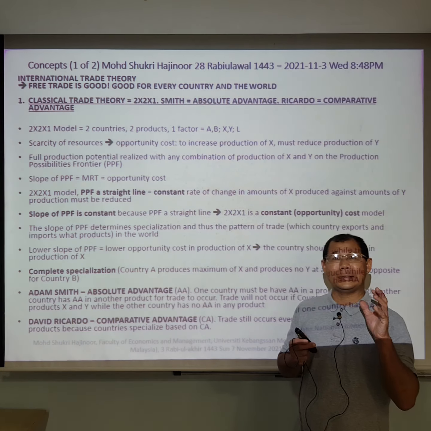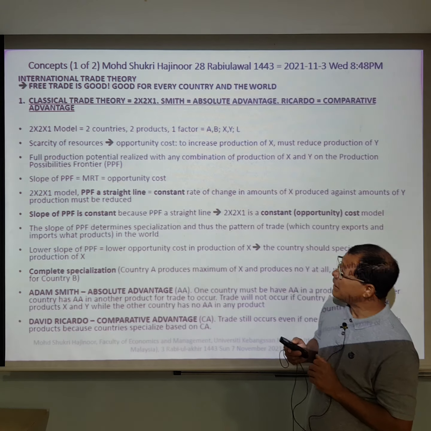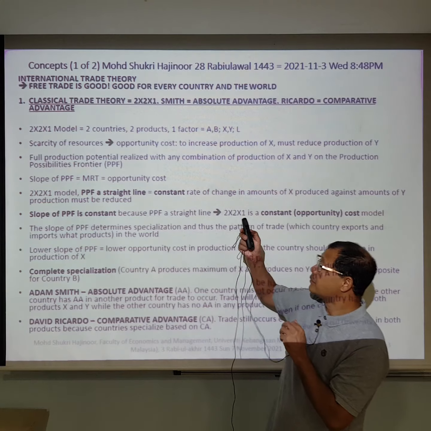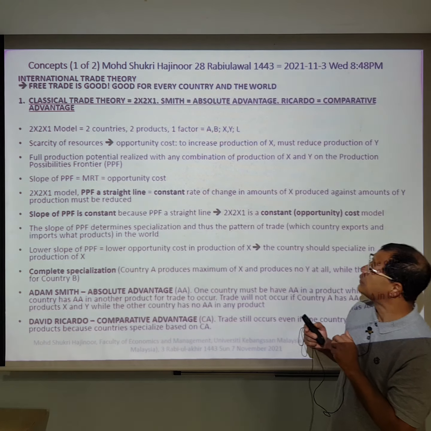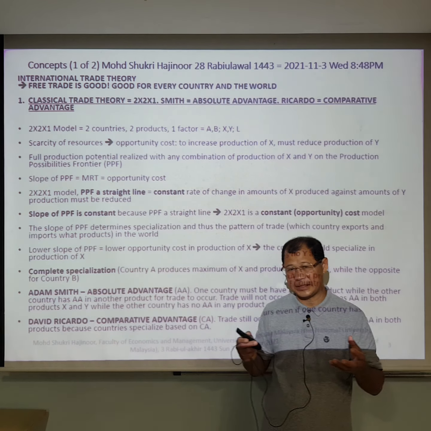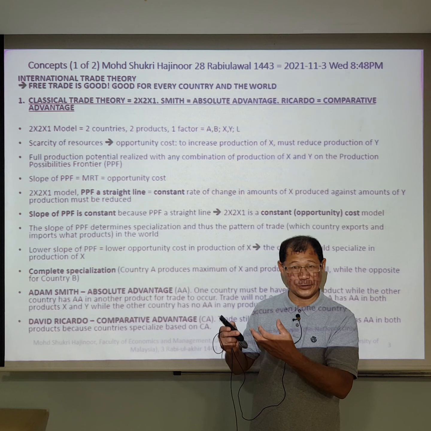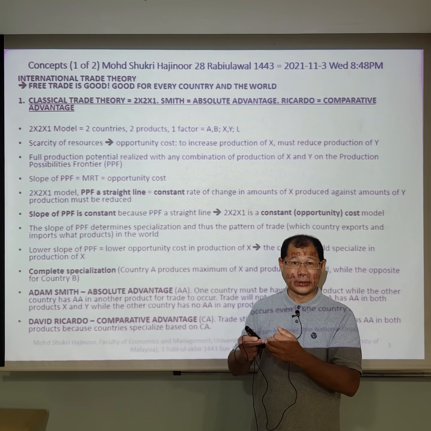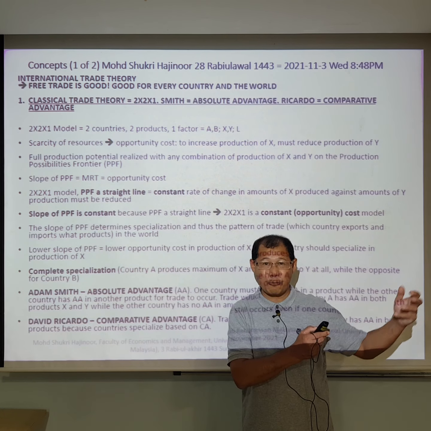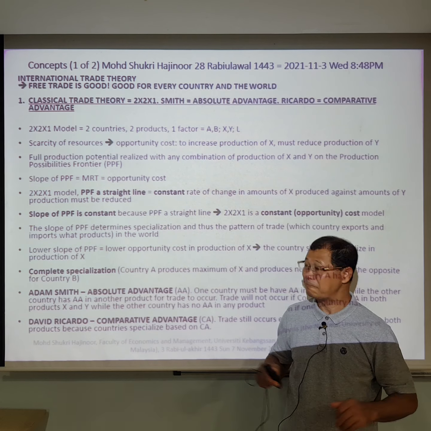It comes from the concept of scarcity of resources, and because of that, there is opportunity cost. So what is opportunity cost? In order to increase the output of one product, because of limited resources, you have to decrease the output of the other product. So you can't have both, right?